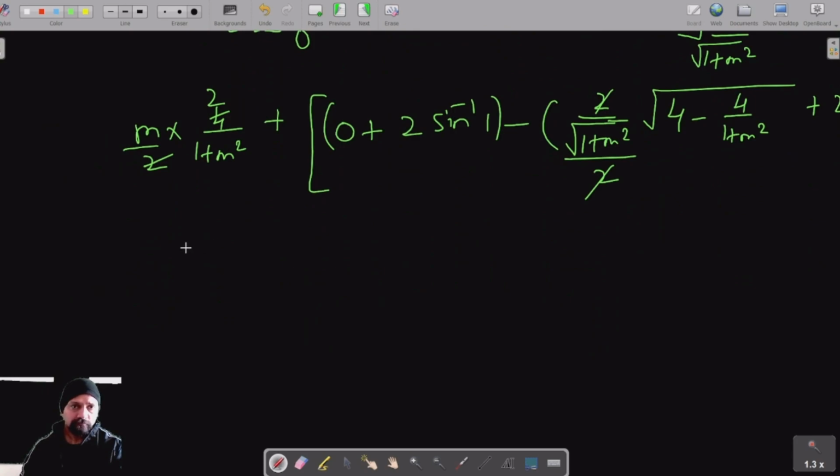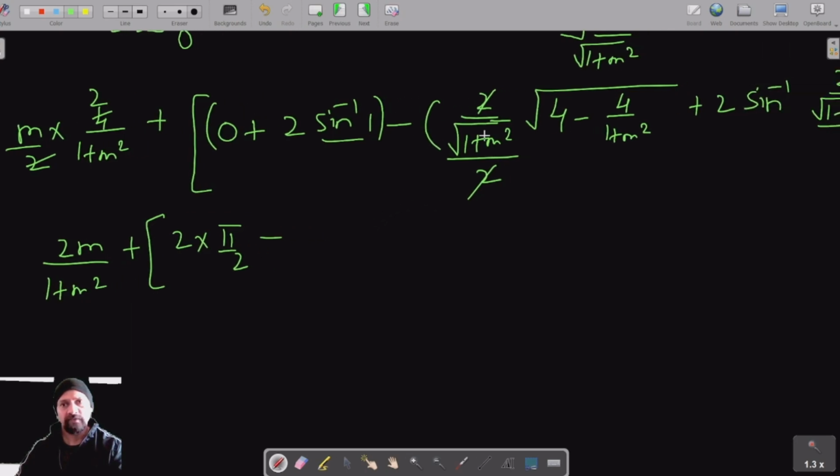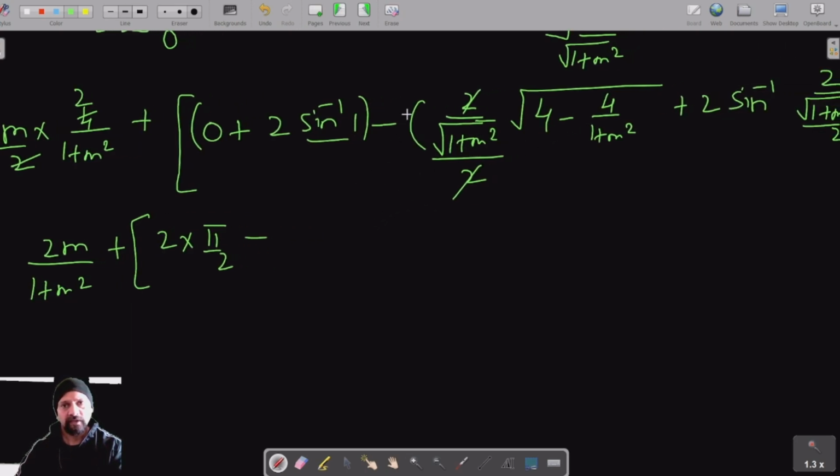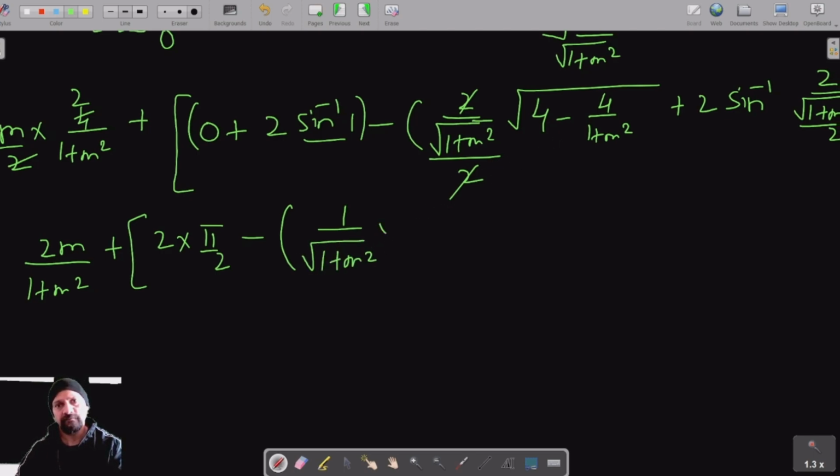Okay, now this one is 2m upon 1 plus m square, and this is 2 sine inverse 1. Sine inverse 1 is pi by 2 minus. Let's open up the bracket. So this one is now 1 upon under root 1 plus m square. I'm not going to open the bracket.